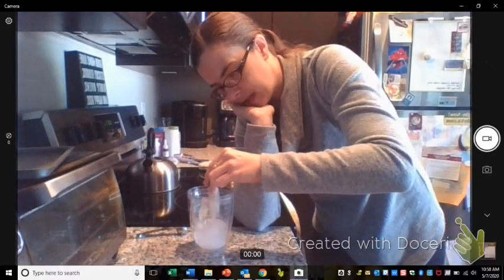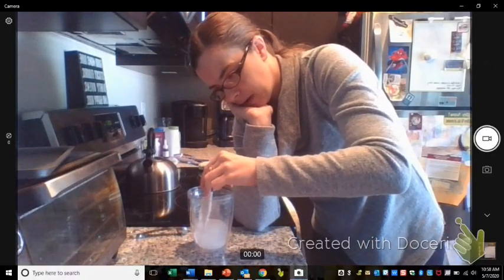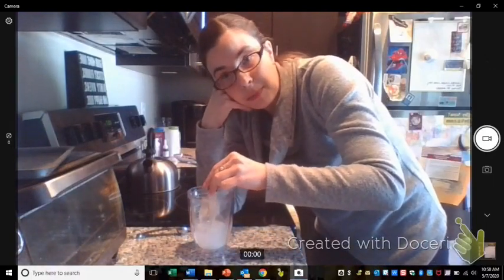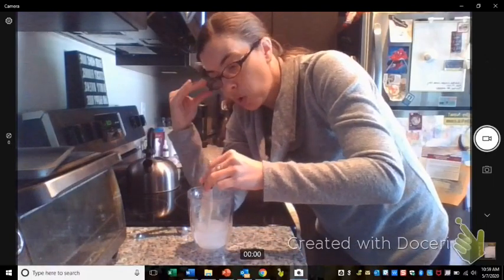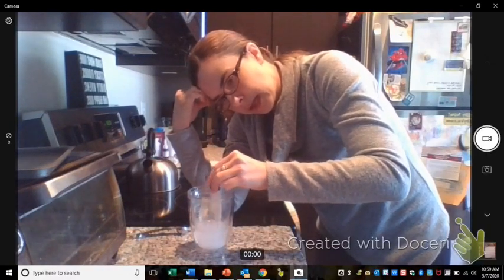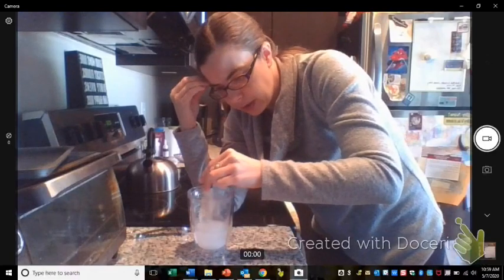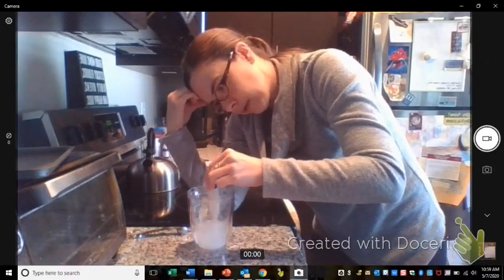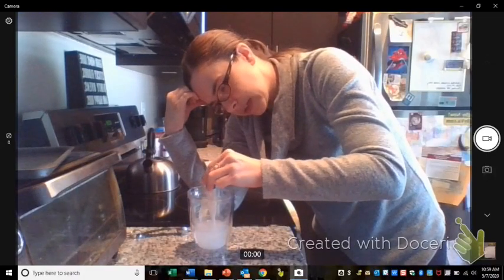Okay, and I can see that it is dropping in temperature. So this one, instead of heating up, is getting cooler. And let's see how far this one is going to go. Not quite as fast.